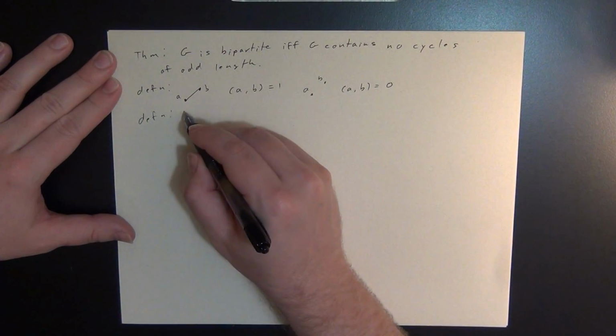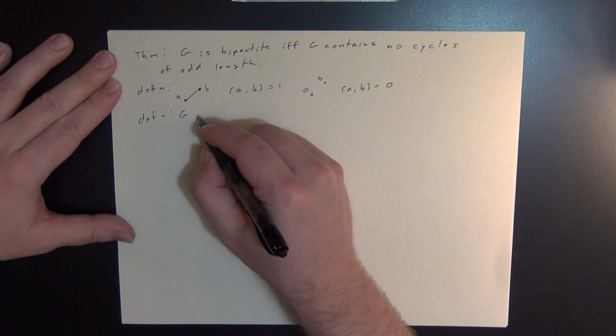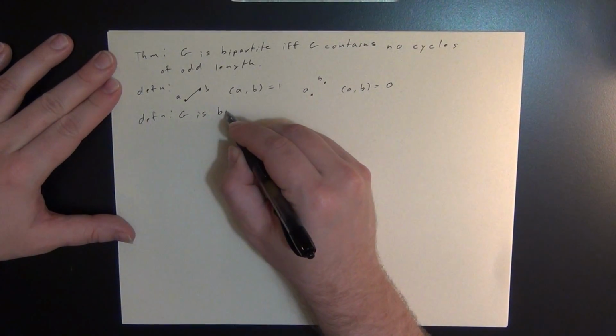What does it mean for G to be bipartite?